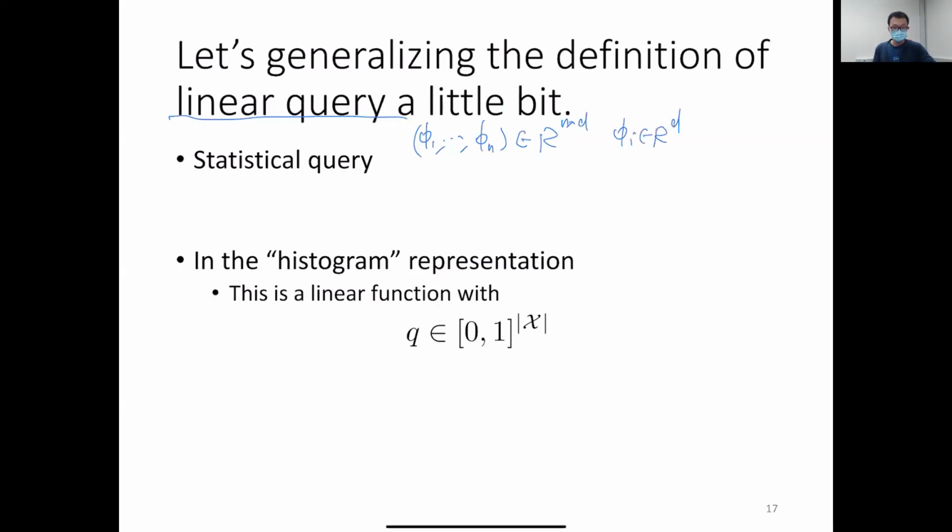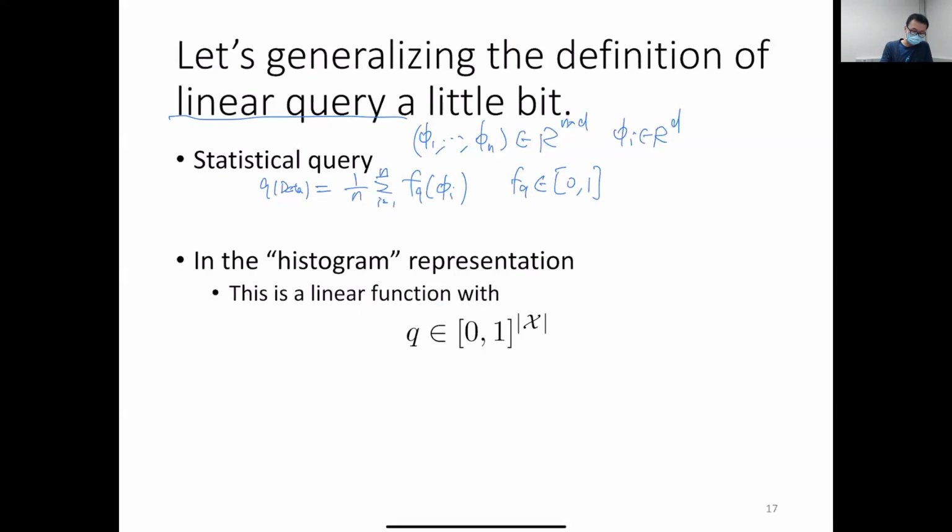The statistical query is just the average of, say, a certain transformation of individual data points. So we say that Q of the data is a statistical query if it can be rewritten as some transformation f of q, where, for simplicity, f of q outputs something between 0 and 1.